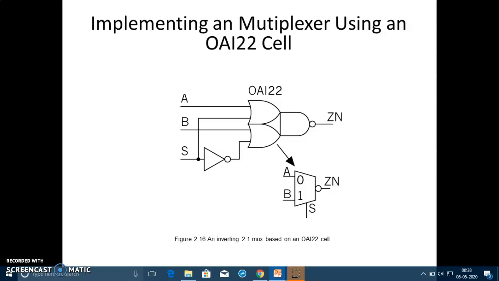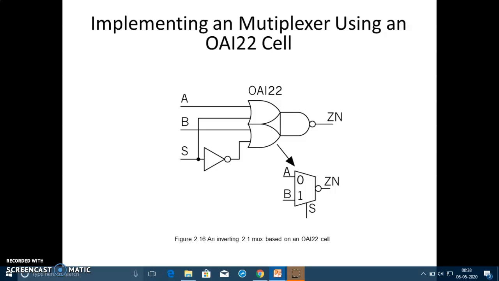In delay in a logic gate, we can get types of delays: logical effort, parasitic delay, electrical effort, and path effort, like that.